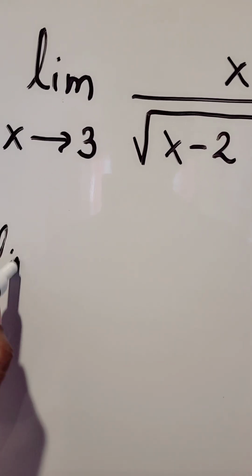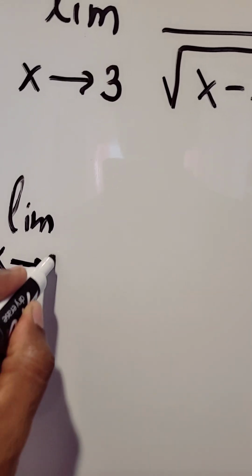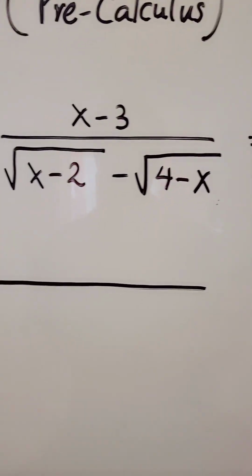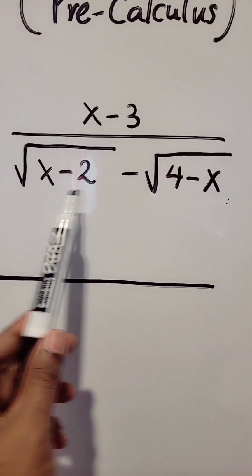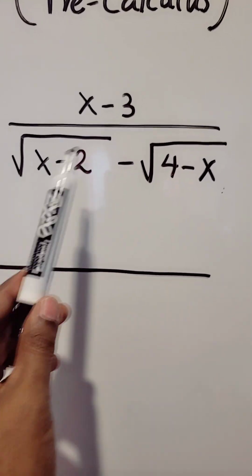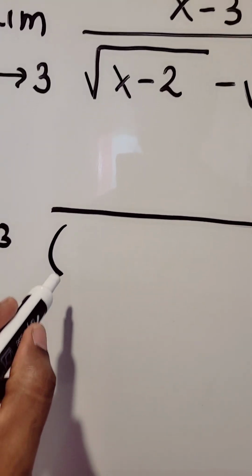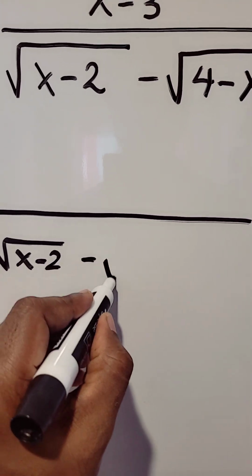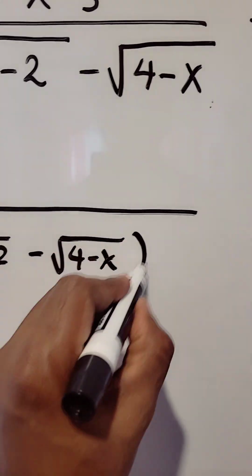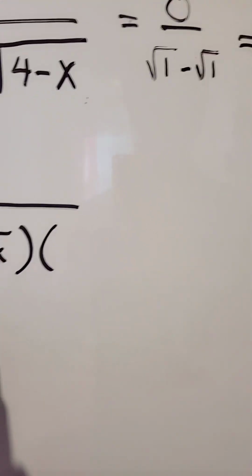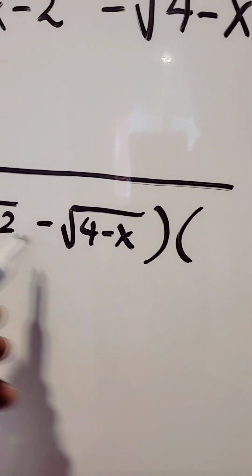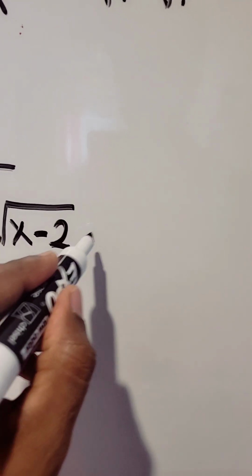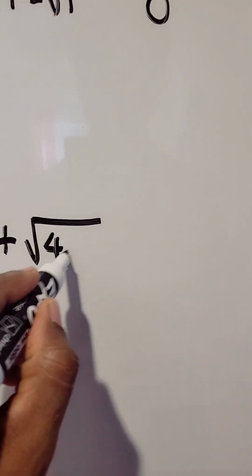Limit as x goes to 3, I'm going to multiply the denominator and the numerator by the conjugate of this compound surd. So square root of x minus 2 minus square root of 4 minus x, times its conjugate, where the only change is a plus sign: square root of x minus 2 plus square root of 4 minus x.